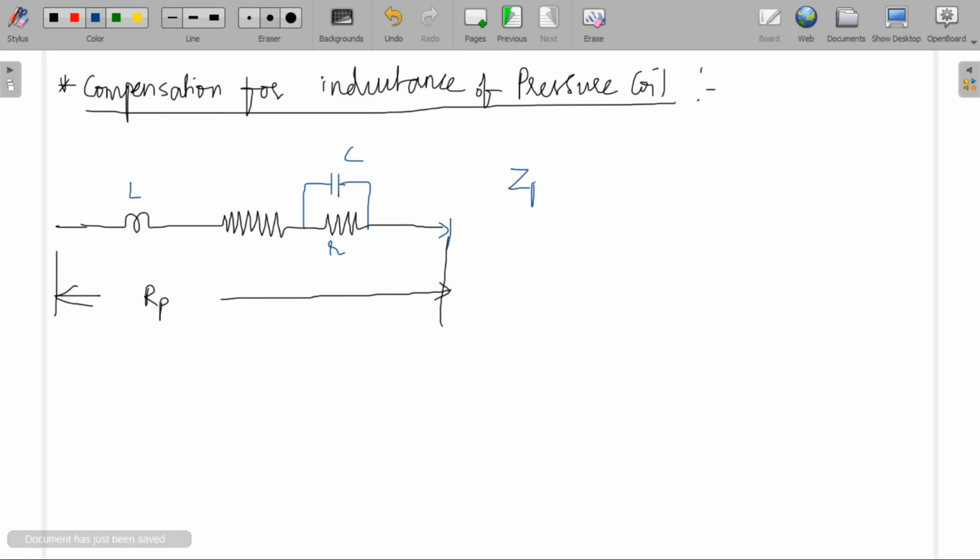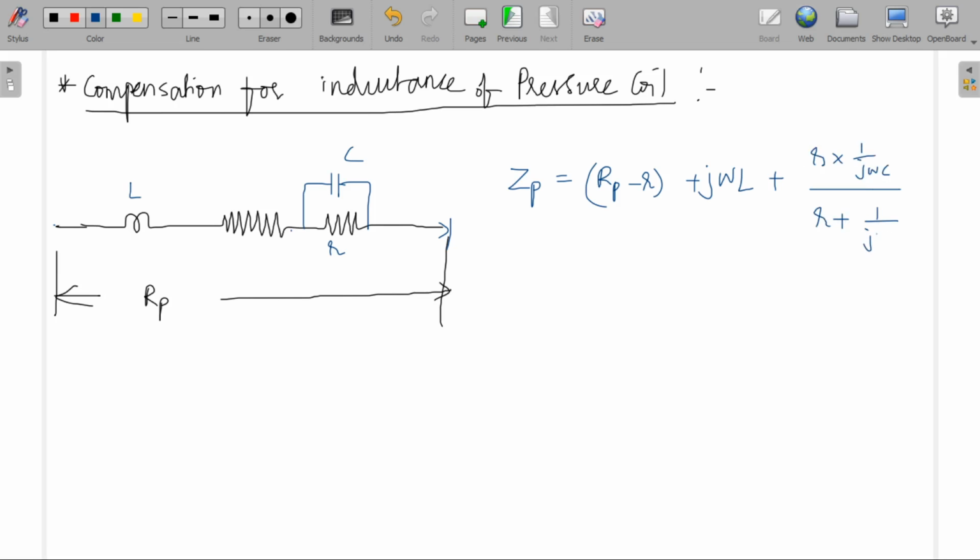Zp is equal to, total resistance of the pressure coil circuit is Rp, so the resistance from here to here will be Rp minus R. Rp minus R plus j omega L plus the impedance of this parallel combination, R into 1 by j omega C by R plus 1 by j omega C. Then you get Rp minus R plus j omega L plus R by 1 plus j omega RC.